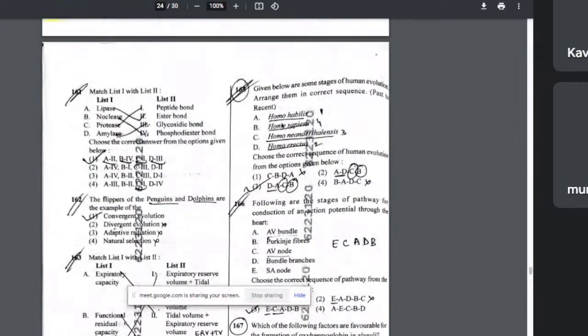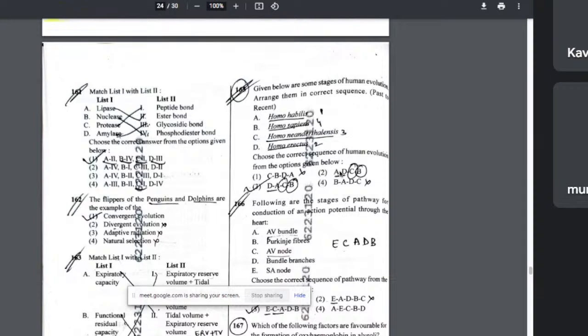So coming to this particular question 165, the option here is what are the correct sequences? So if you look at it, the answer should be A, D, C and B. So you should know that sapiens are the last in the evolutionary order. So the answer can either be only 2 or 3. But you can eliminate option 1 and 4 easily.